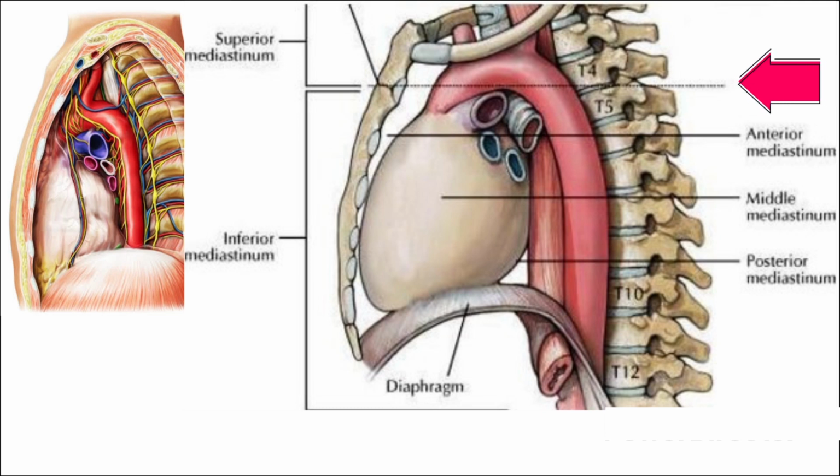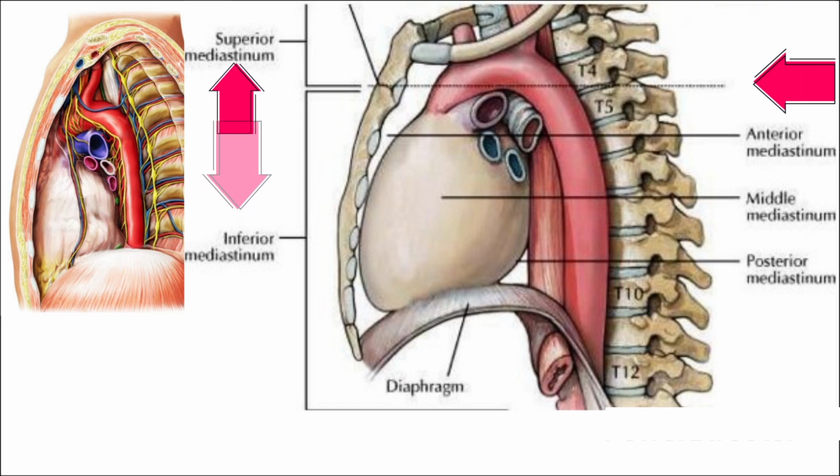So here is the imaginary horizontal plane. You will have to imagine it. Okay. So when doctors imagine a horizontal line in the chest, this line divides mediastinum into two parts, upper part and lower part. Upper part is superior mediastinum, lower part is inferior mediastinum.